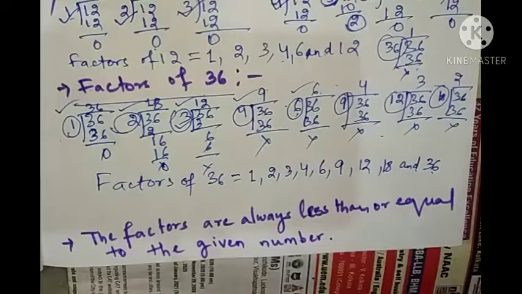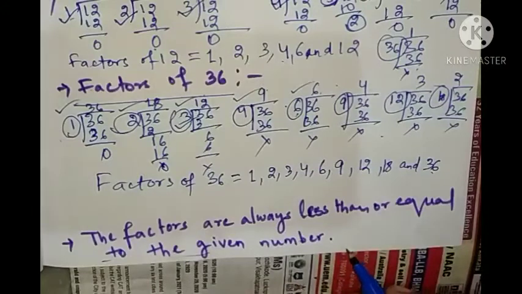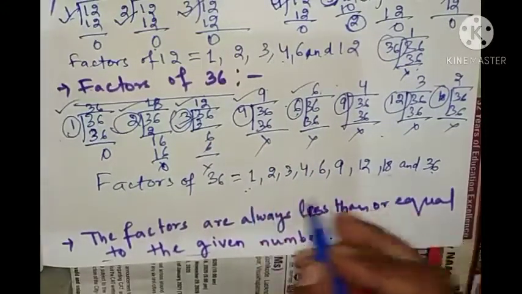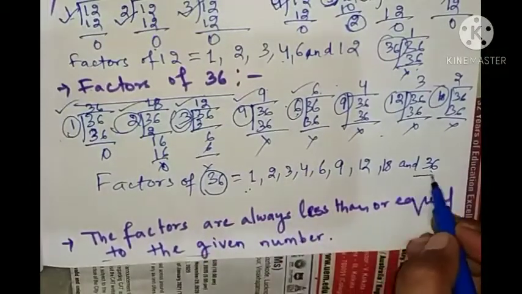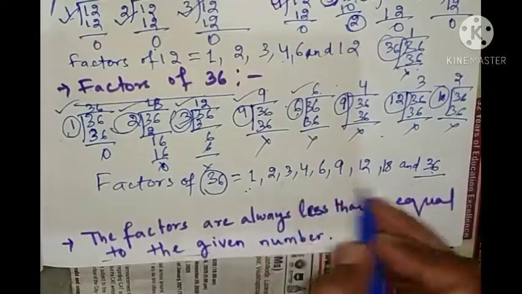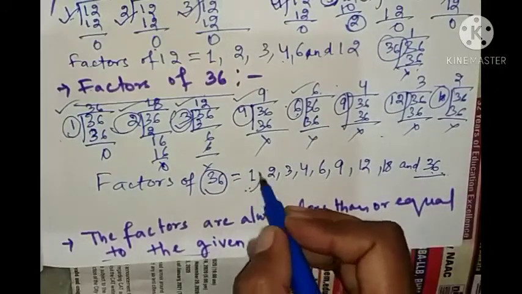So let's see one fact. The factors are always less than or equal to the given number. Here, for 36, the highest factor is 36. That means the greatest factor is 36 and the smallest factor is 1.